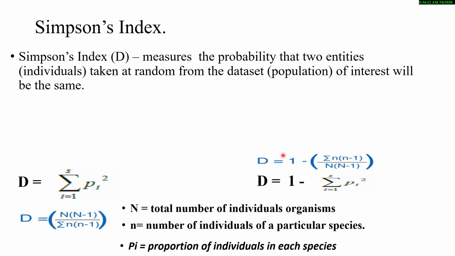The 1 minus D measures the probability that any two randomly selected species from the sample or population will be different.